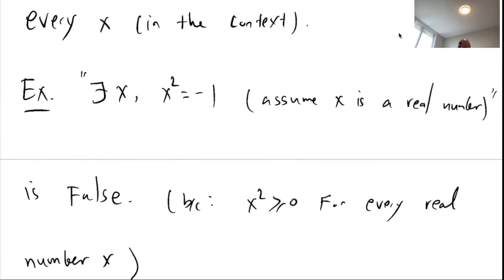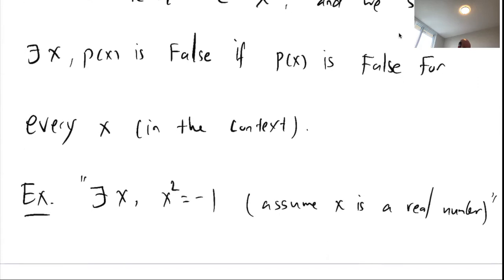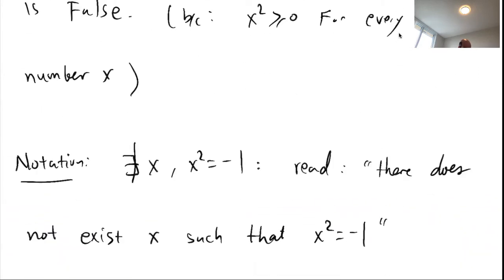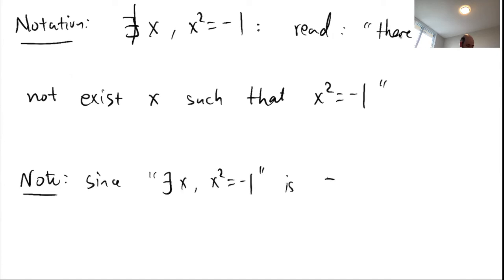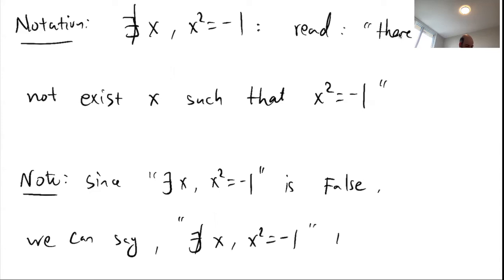So since there exists x with x squared equals -1 is false, again assuming that x comes from the set of real numbers, you can say there does not exist x with x squared equals -1 is true.